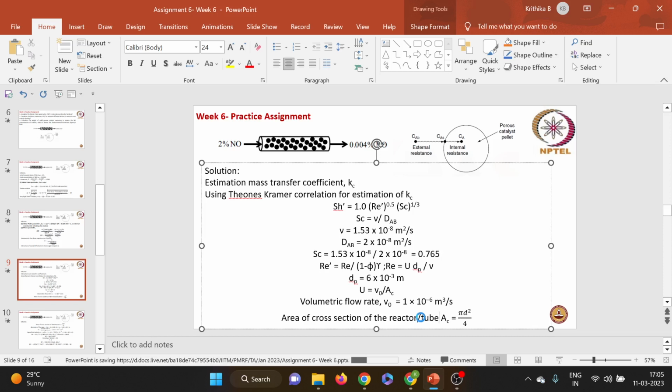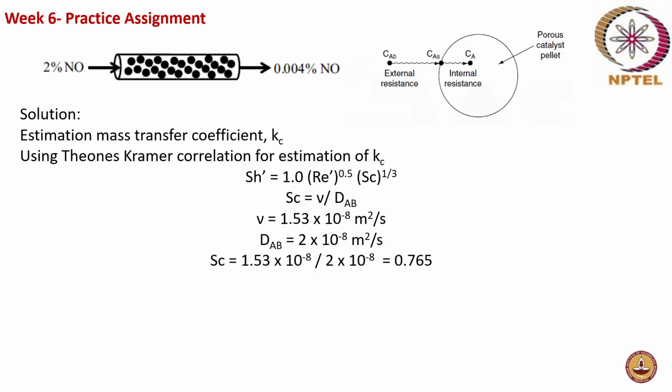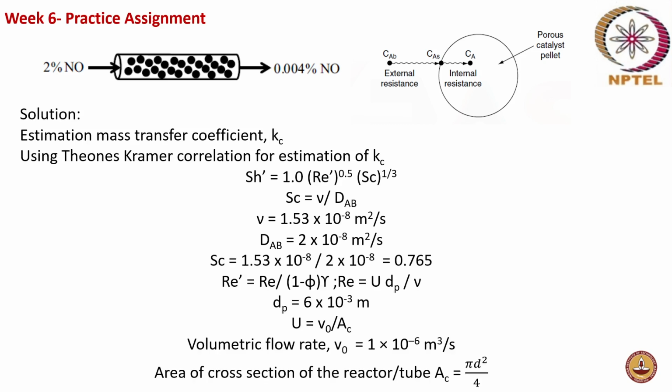So this is your area of cross section. That means it is a circular cross section. So your area of cross section is nothing but pi d square by 4.